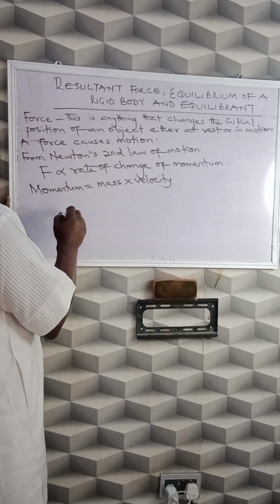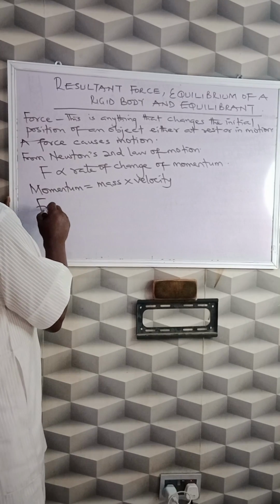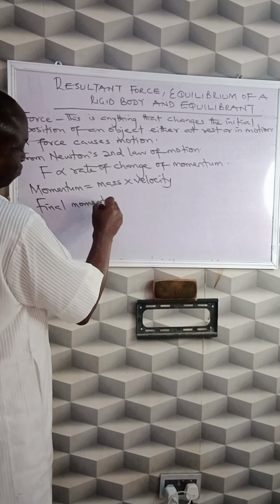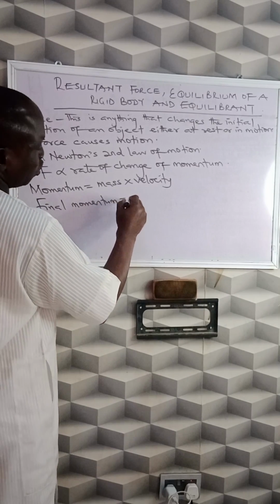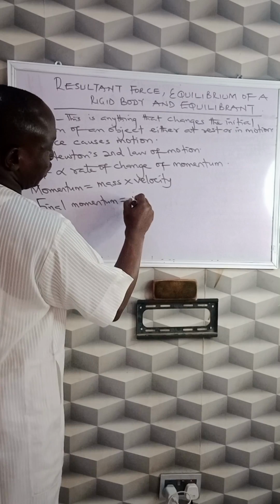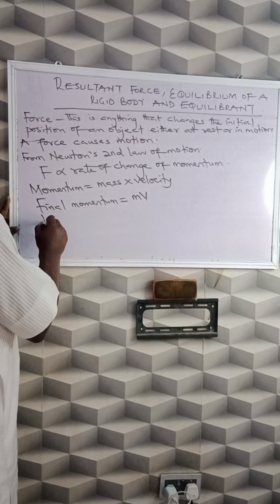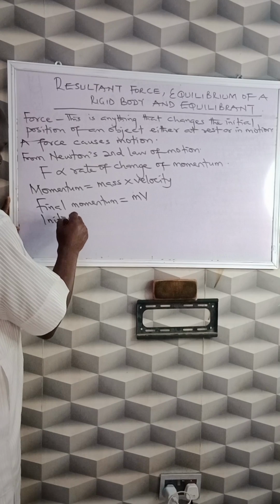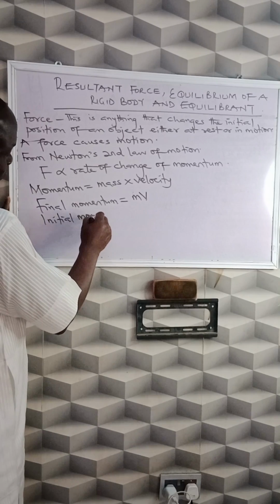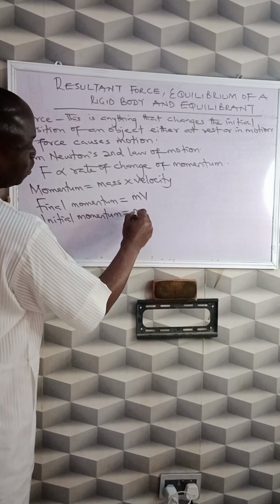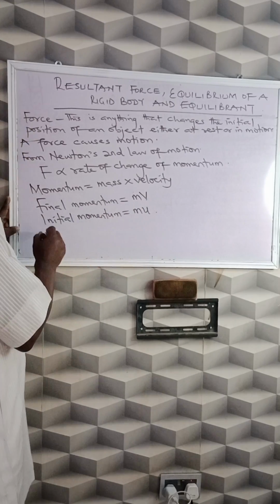So we have final momentum and initial momentum. Final momentum is equal to final velocity multiplied by the mass, while initial momentum is equal to mass times initial velocity.